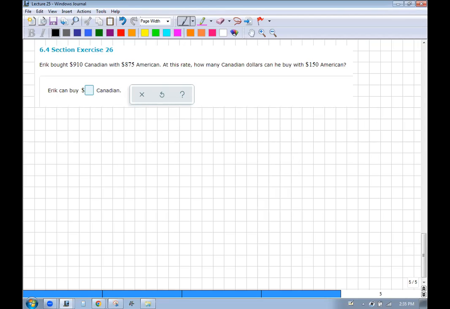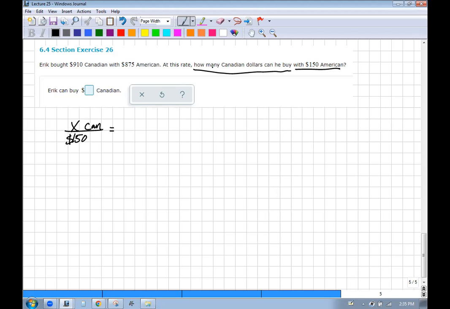So in the last problem, I started with this information and made a ratio, right? How about we start with what we're looking for? How many Canadian dollars can he buy? X Canadian, when I have $150 American.